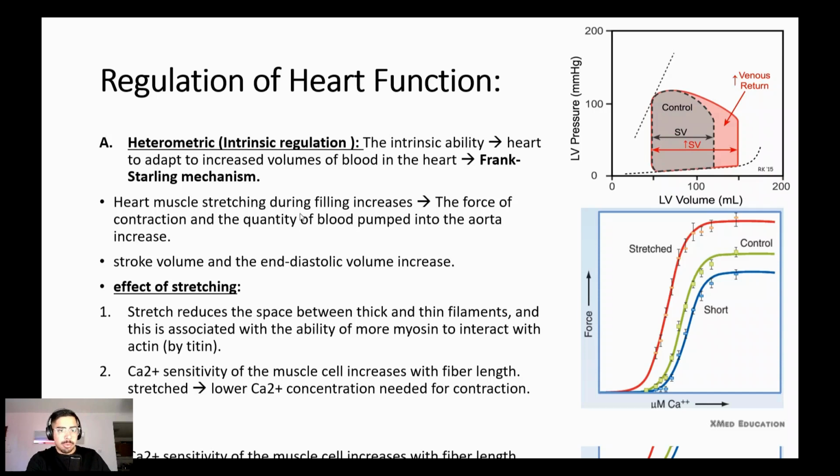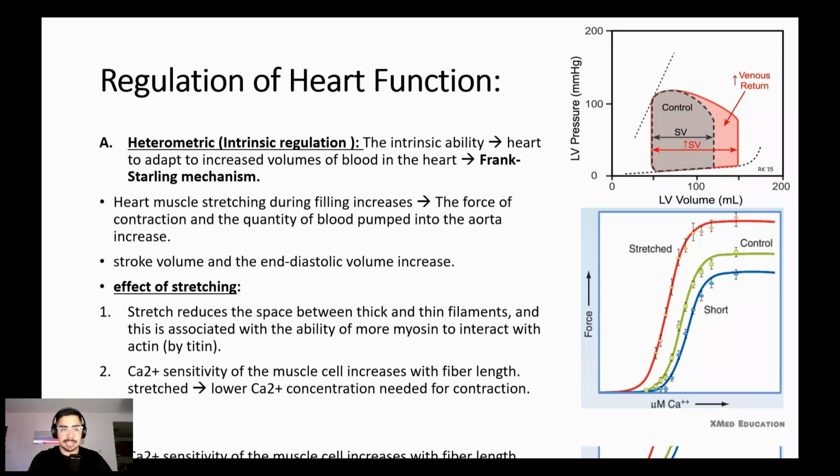So what is this stretching? This stretching can have an effect in two ways. The first way is that we have actin and myosin myofilaments, and these two work with each other through the titin myofilament. If the space between these two becomes less, they can have more power to contract.